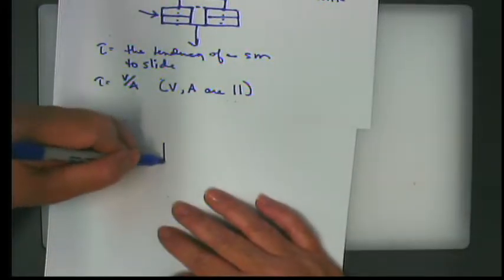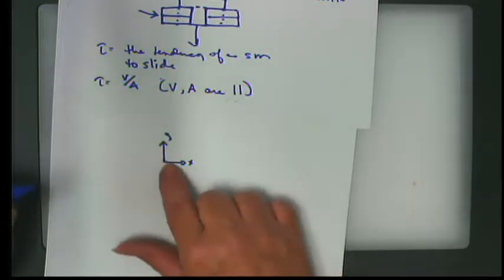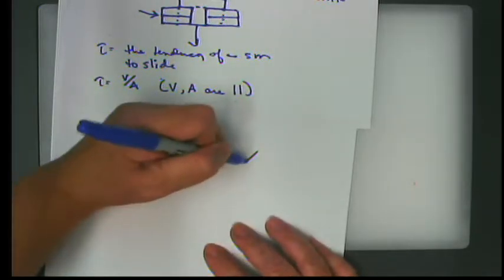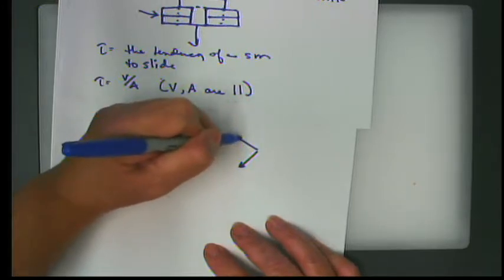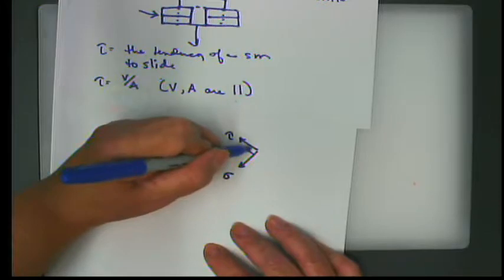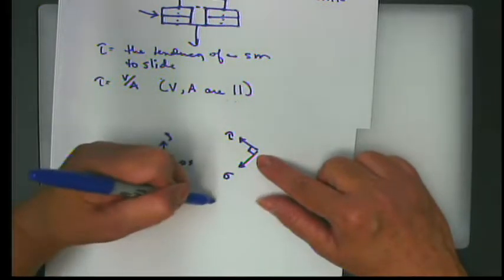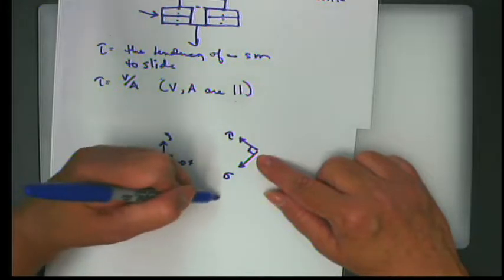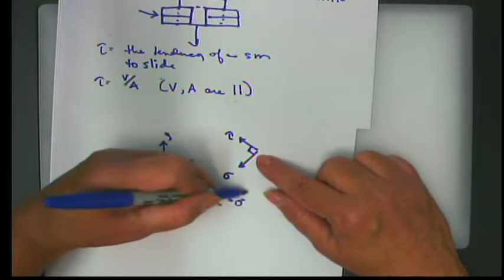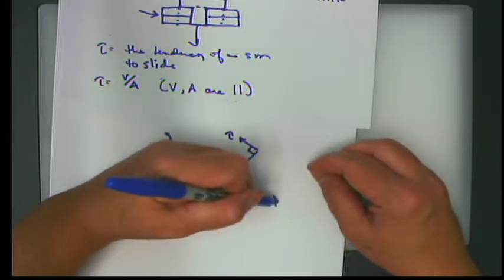Well, if we use x and y, for example, which we've done in Cartesian coordinates for a long time, or if we use sigma and tau in whatever direction they are, if they are perpendicular to each other, we can completely describe the state of stress using tau squared plus sigma squared equals, square root of that is the state of stress.